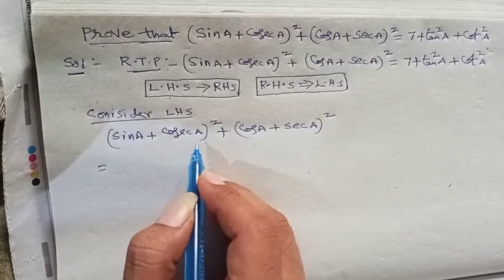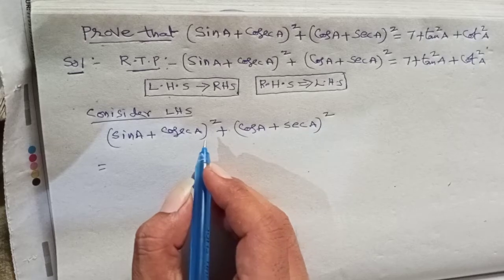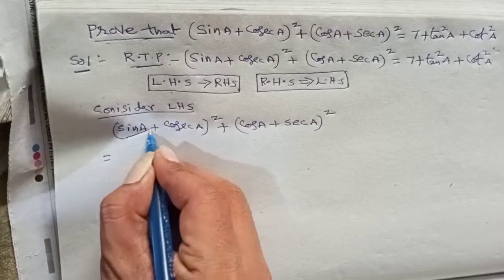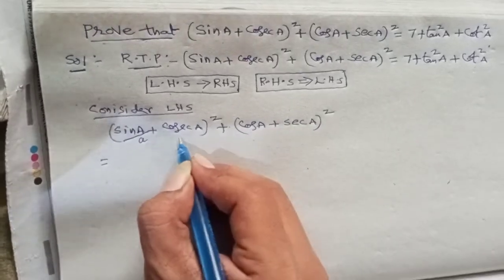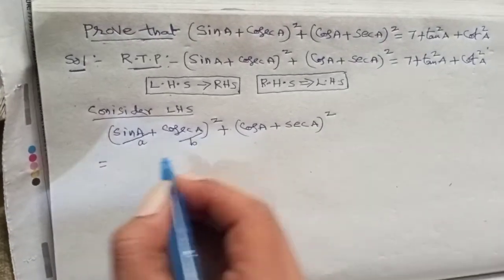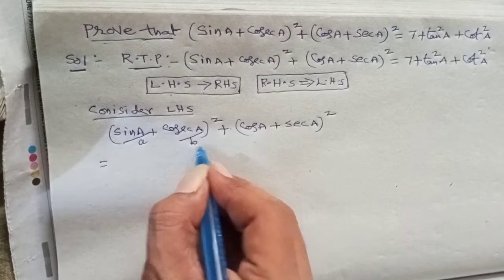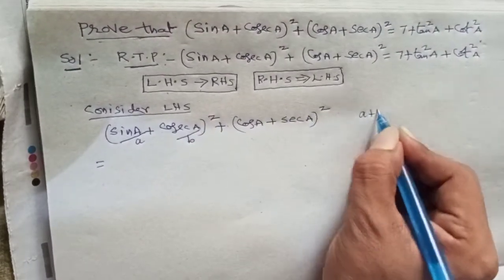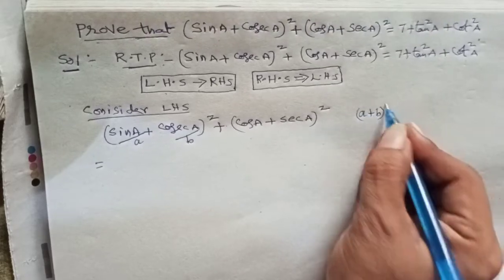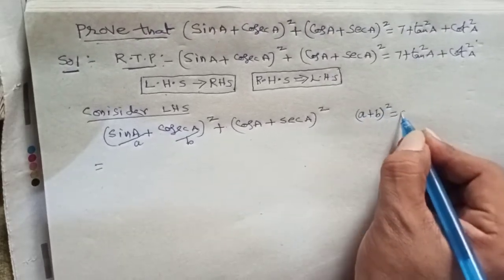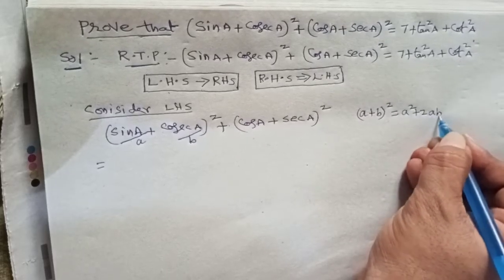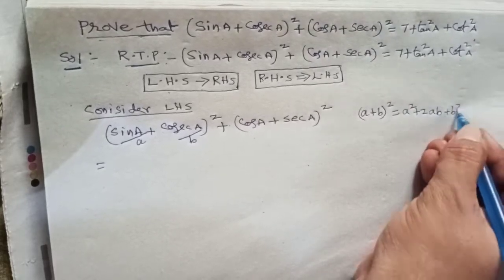This leads to which algebraic formula? Can you guess? If you take this as a, and this one as b, it becomes (a + b)². Now you write down the algebraic formula (a + b)². It is very familiar to us, that is a² + 2ab + b².